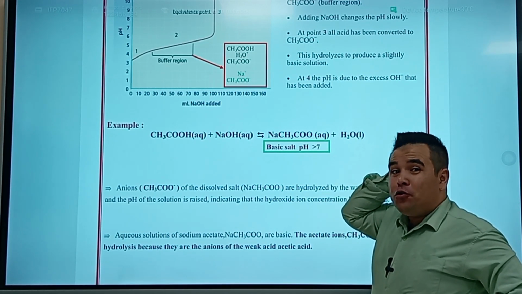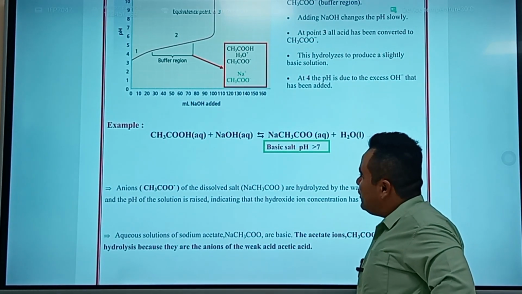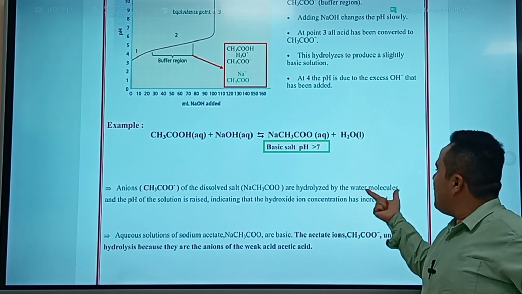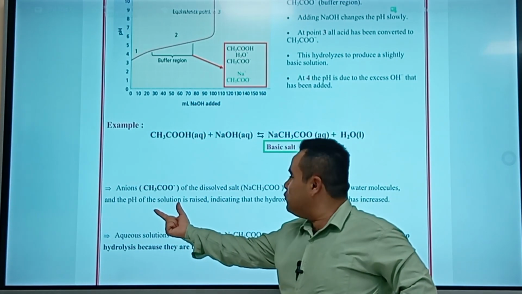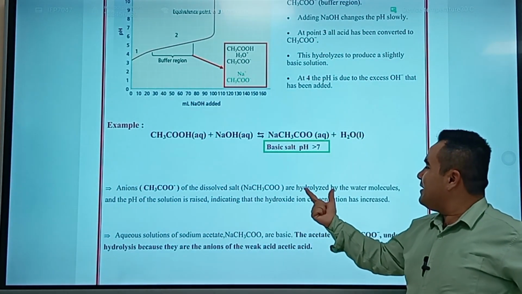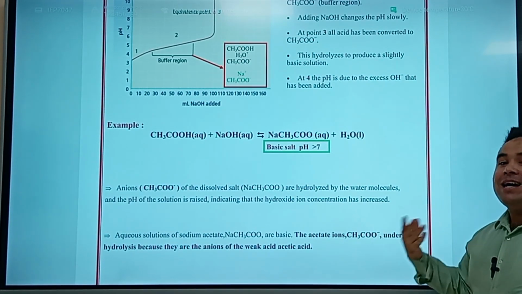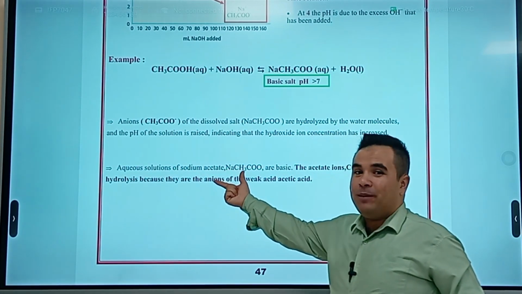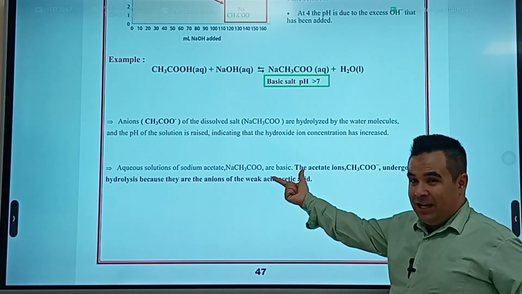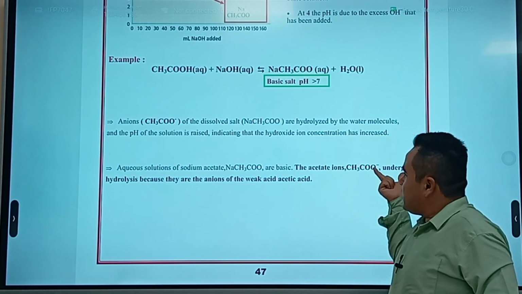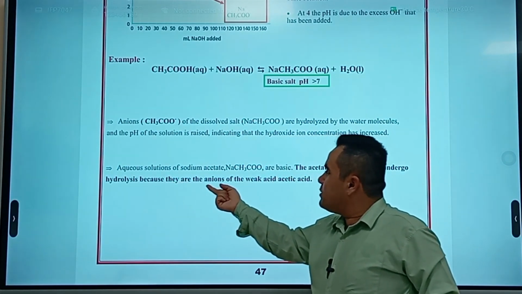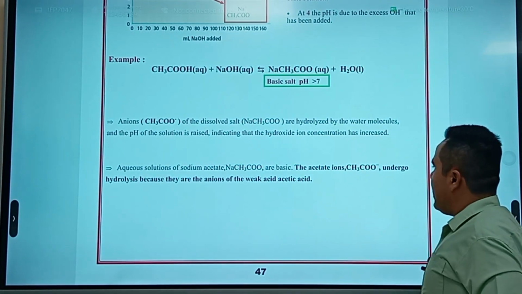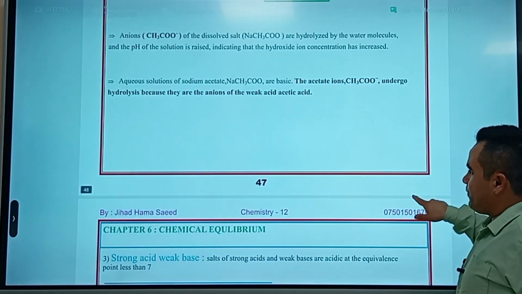Because it undergoes anion hydrolysis: the anion of the dissolved salt is hydrolyzed by water molecules, and the pH of the solution is raised, indicating that the hydroxide ion concentration has increased due to anion hydrolysis. Aqueous solutions of sodium acetate are basic. The acetate ions undergo hydrolysis because they are the anion of the weak acid, which is acetic acid.